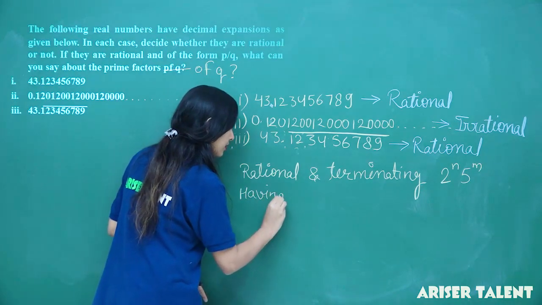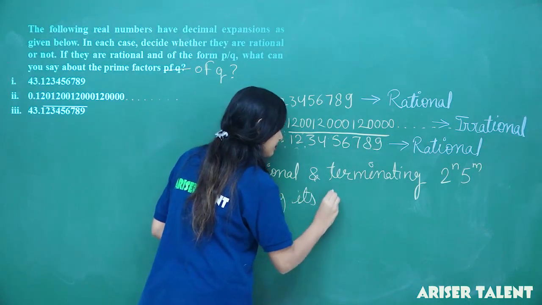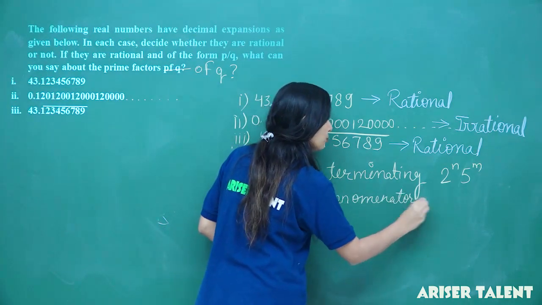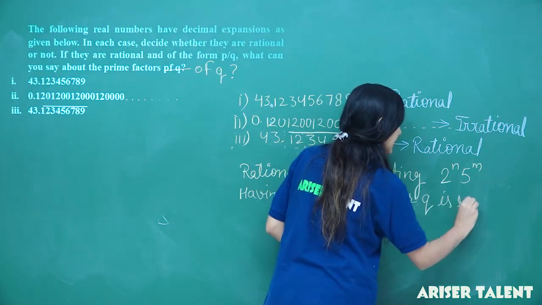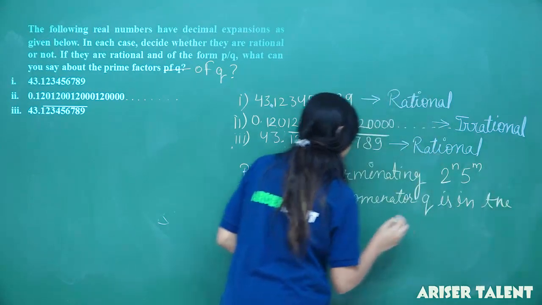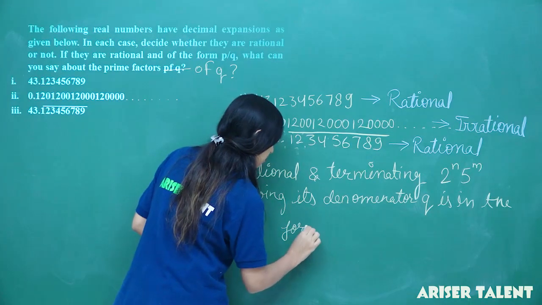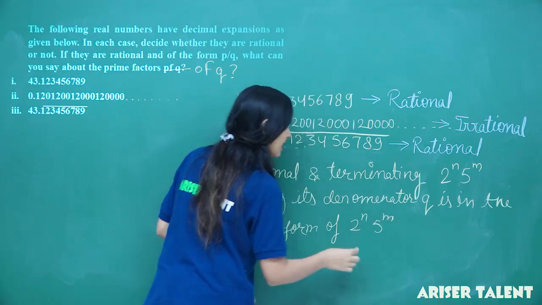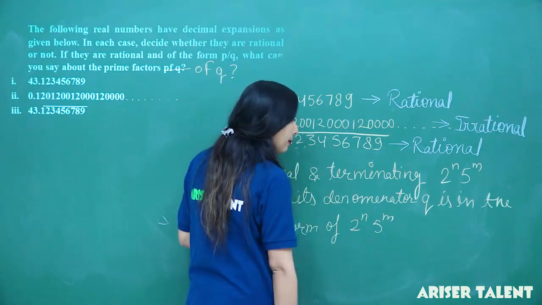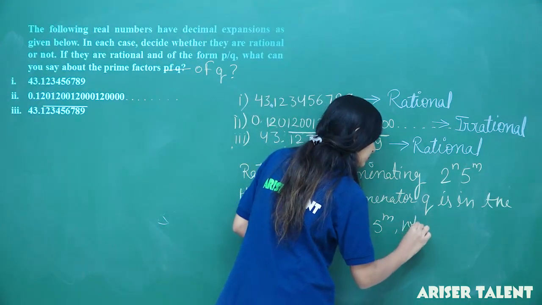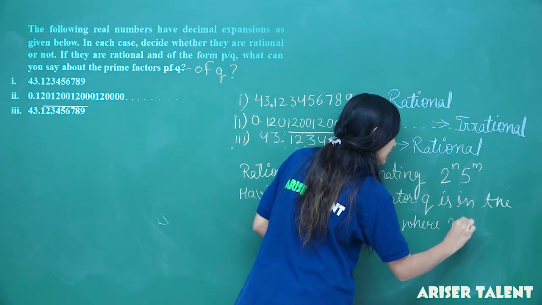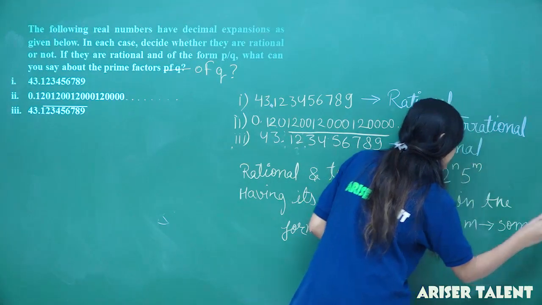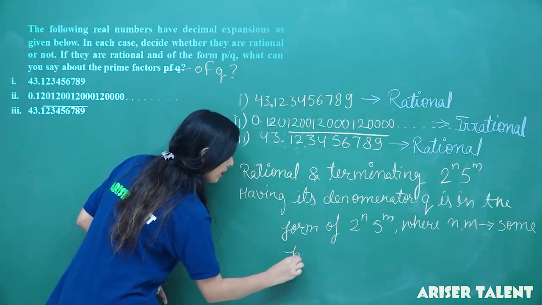So if this is rational and this is terminating, as we can see, it will have its denominator Q in the form of 2 raised to power n, 5 raised to power m, where n and m are some positive integers.